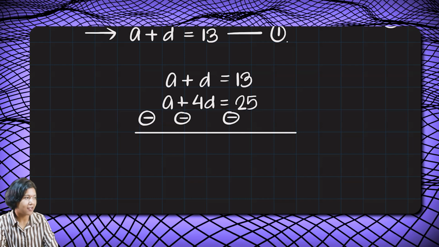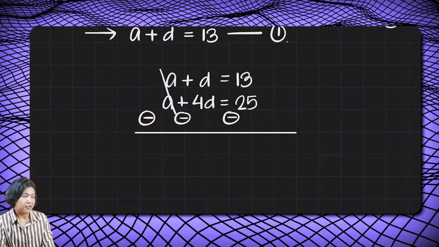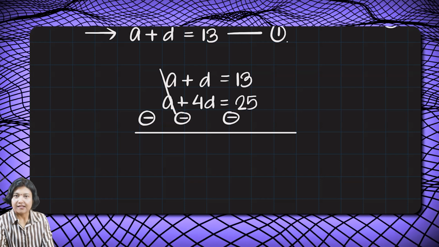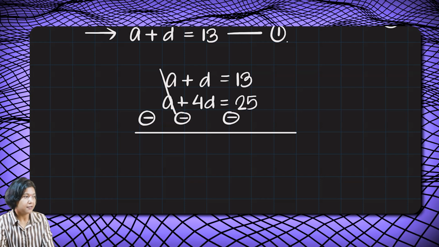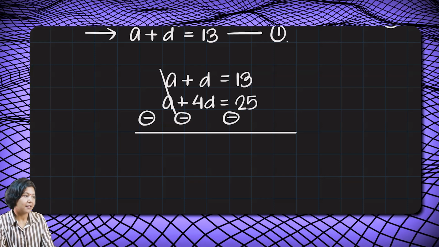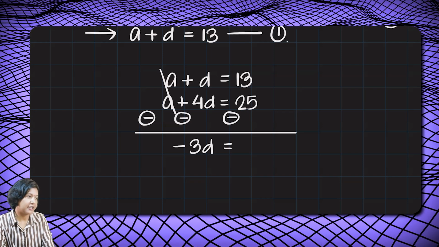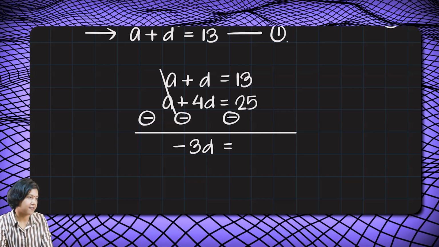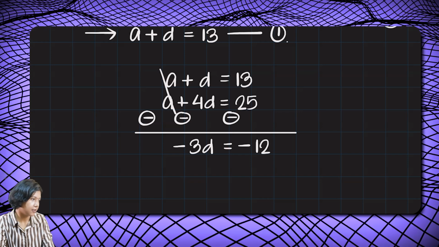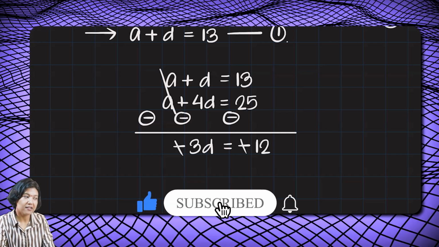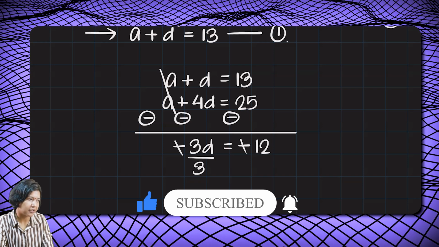So A minus A is 0. The sign I have written in this circle, that is the sign we are to consider. So D minus 4D is minus 3D. 13 minus 25 is minus 12. Because you have minus on both sides, you can get rid of it and divide both sides by 3.